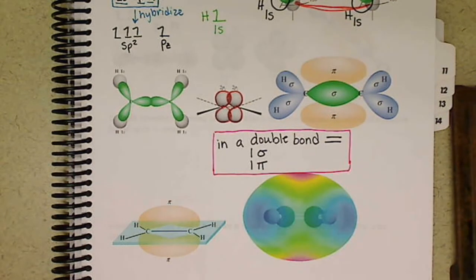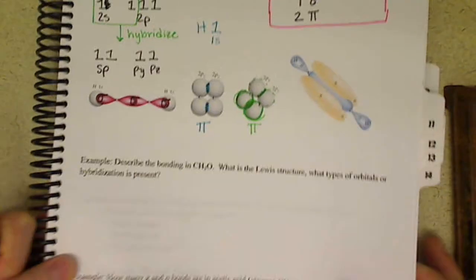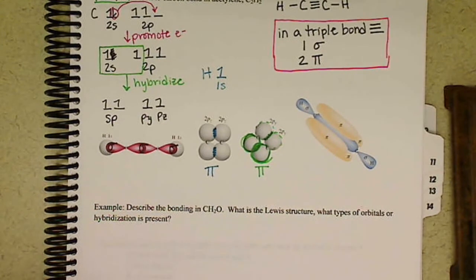We have 1 sigma and 1 pi. In the triple bond, we have 1 sigma and 2 pi's for the 3 bonds. Next video, we'll look at some examples of what is our hybridization, correlate that to our overall shape of our molecule, and what types of orbitals really are doing the overlapping.